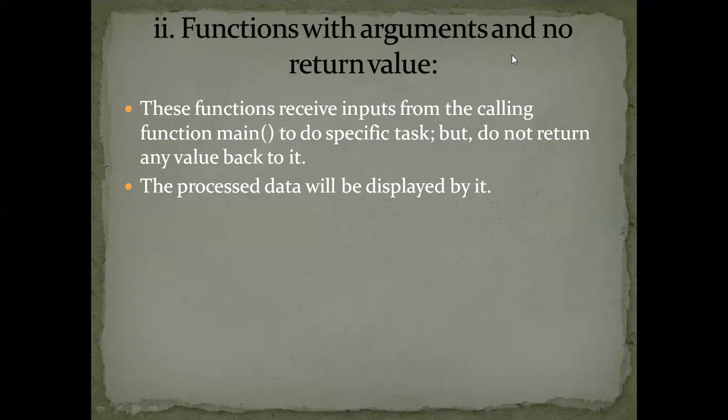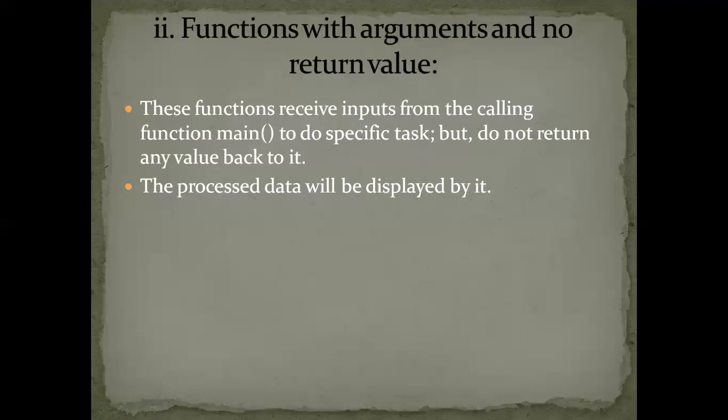So these functions receive inputs from the calling function, that is main, to do a specific task, but do not return any value back to it. In this particular function, the input it receives is nothing but the parameter or argument.